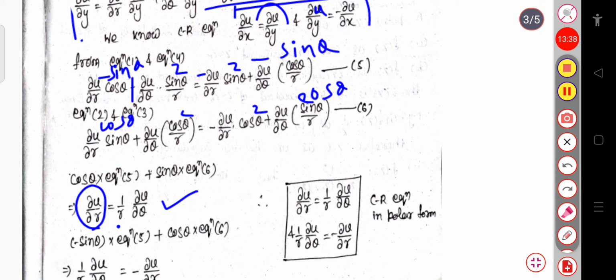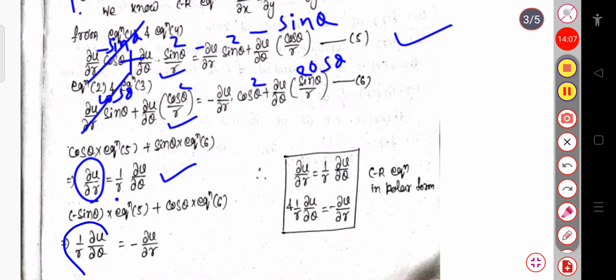The first term is ∂u/∂r minus sinθ cosθ in equation 5, and in equation 6 this is ∂u/∂r cosθ into sinθ. So this term gets cancelled. Similarly the second term contains ∂u/∂θ into 1 by r taking common. In equation 5 as well as in equation 6 we get sin²θ + cos²θ is 1. So here you can see this is 1 by r into ∂u/∂θ.